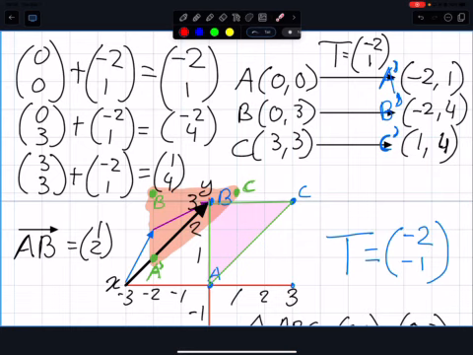So it should look something like this. Yes? I moved it 2 to the left, negative, and then what? 1 up. Yes? -2, 1. So I translated the object by the vector -2, 1.